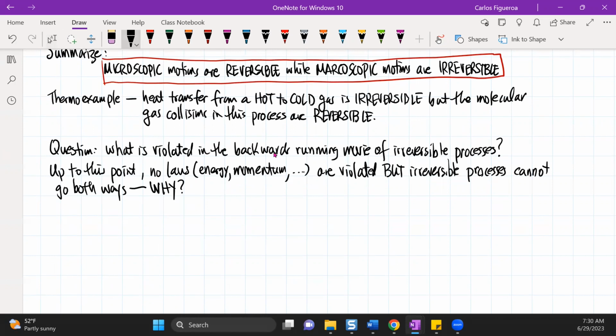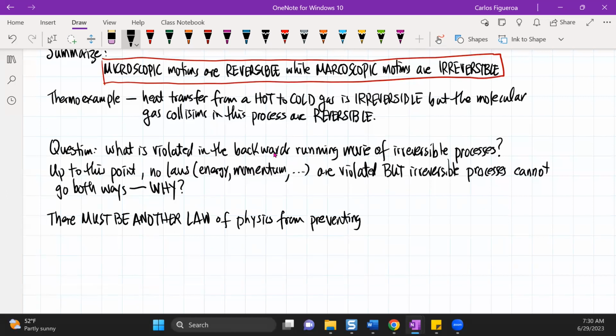So there must be another law of physics preventing this, that distinguishes between the past and the future.